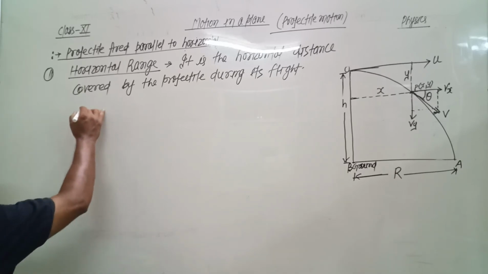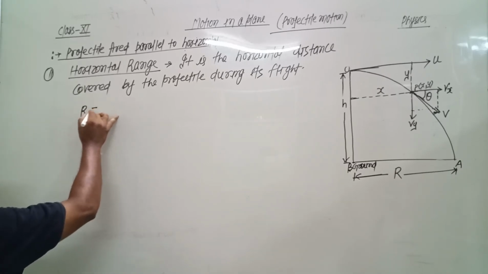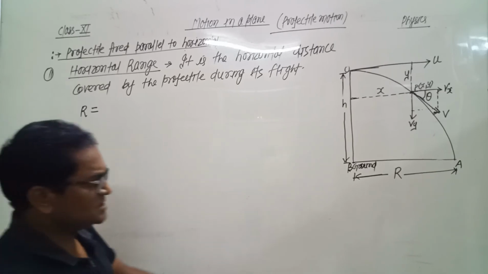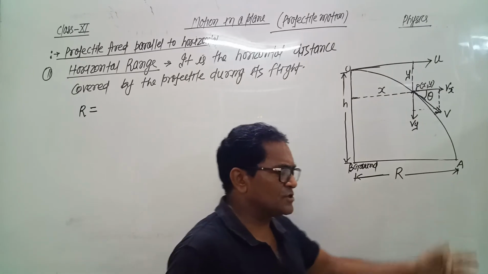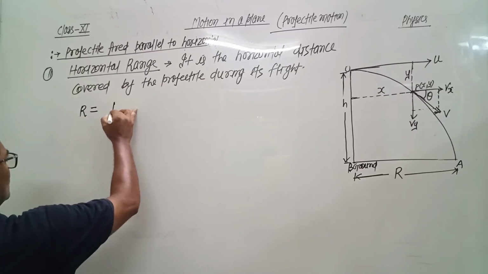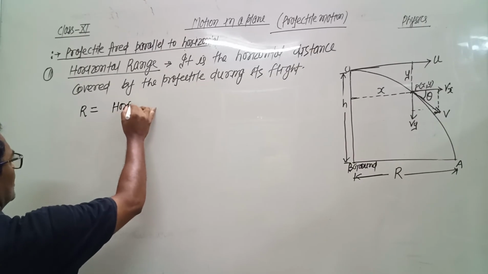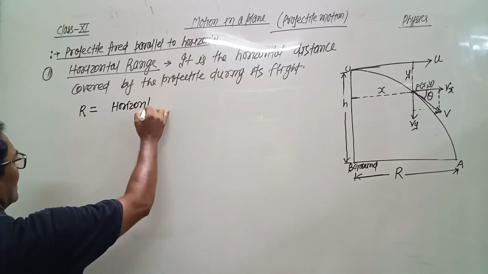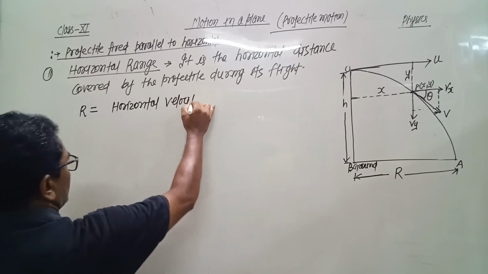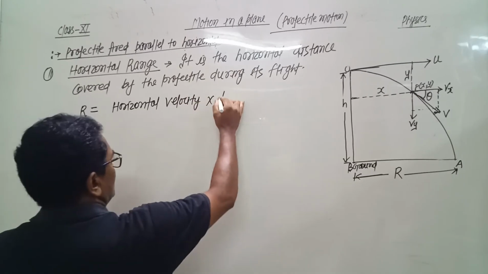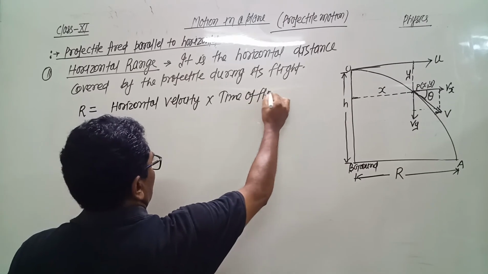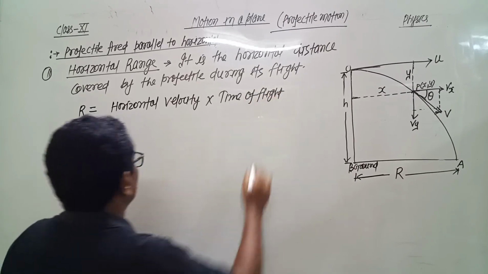So we can write horizontal range, the total horizontal distance, equals horizontal velocity into time of flight.